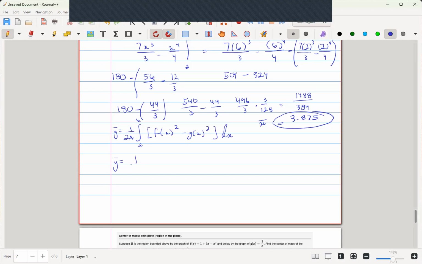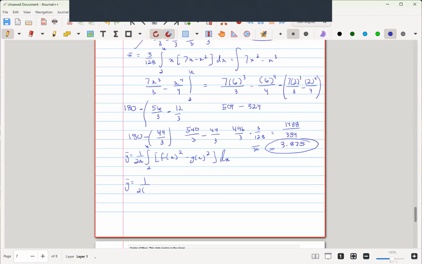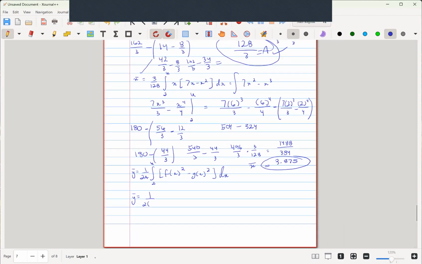So y bar is equal to 1 over 2 times, we found our A to be 128 divided by 3, integral from 2 to 6 of 8x minus x squared, that is squared, minus x squared, dx.